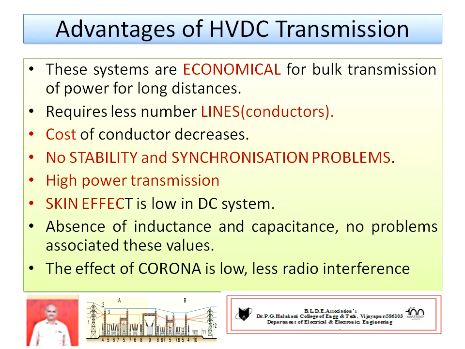Then we have to concentrate on some advantages of the HVDC transmission line. So the very first point: such transmission lines are used to transmit bulk electrical power over long distances.